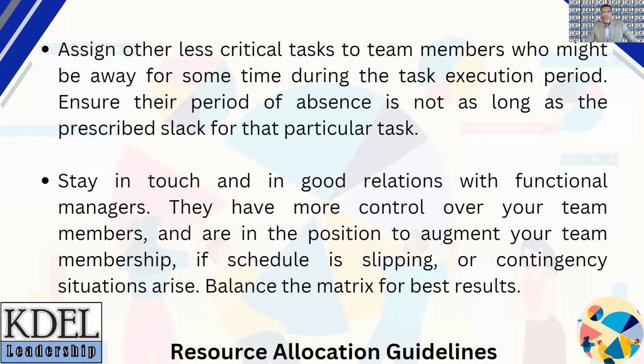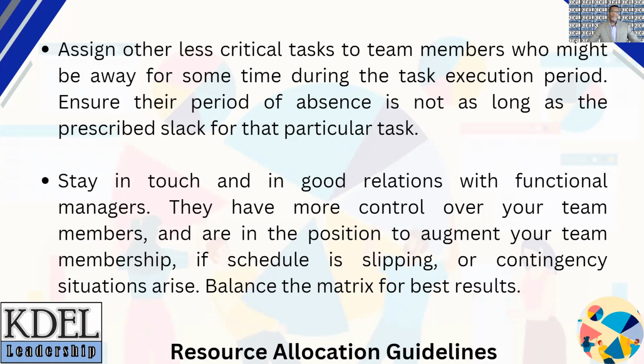You want to also stay in touch and in good relations with functional managers. I say that because they have more control over your team members. They're in the position to augment your team membership, especially if your schedule is slipping or contingency situations arise. You want to balance the matrix for best results. What do I mean by that?